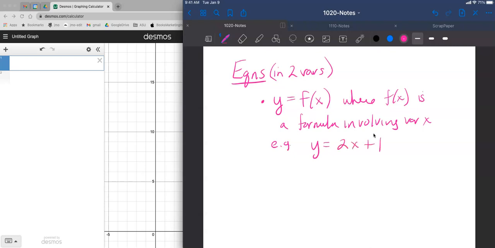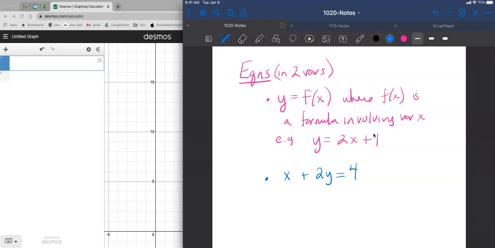There were other kinds of formulas involving two variables that might have been of the form, say, x plus 2y equal to 4. This equation should look different than the one that has been solved for y, because in the blue equation, the x's and y's are on one side of the equation with each other.